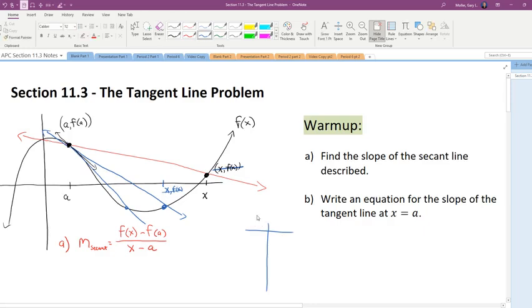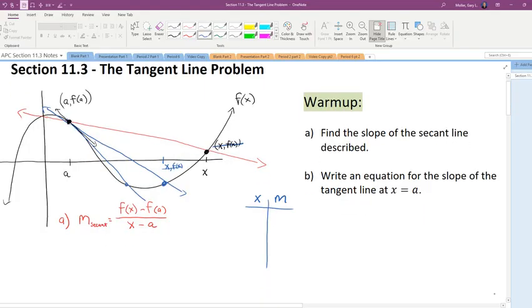So we could identify an x, and then we could calculate the slope. So we're at this x, and we get a slope. And then we get a little bit closer, and we calculate a slope. And we get closer, calculate the slope, and we keep doing this.